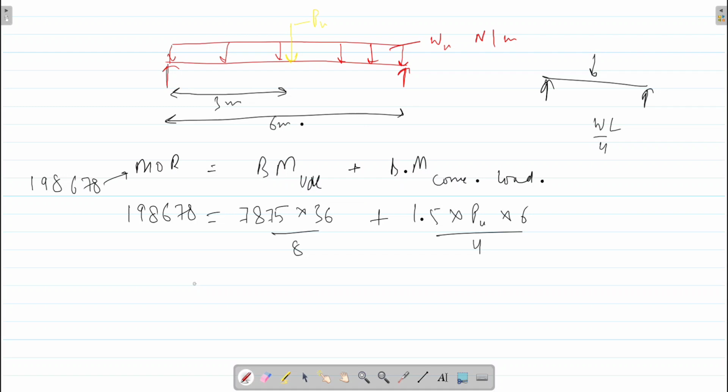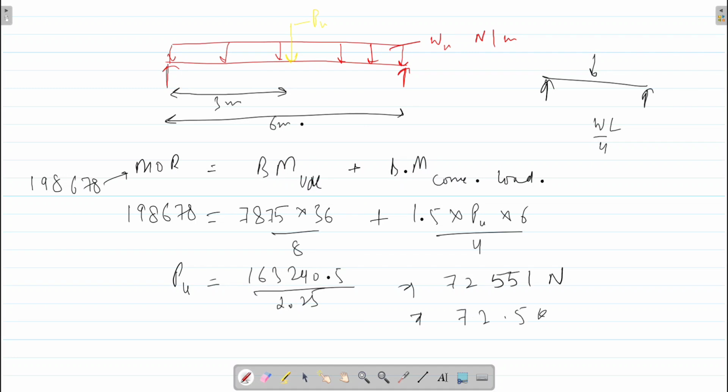So from the equation, the PU value will come out to be 163,240.5 upon 2.25. And the final value for the concentrated load will come out to be 72,551 Newton, or if you want to write in kilonewton, then 72.5 kilonewton.